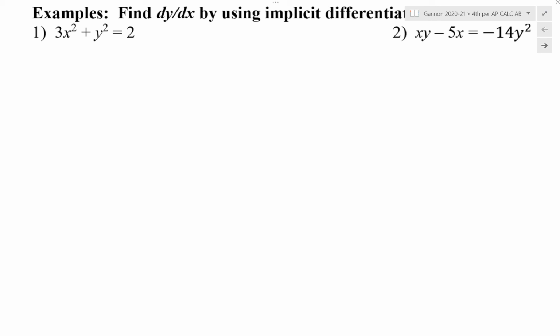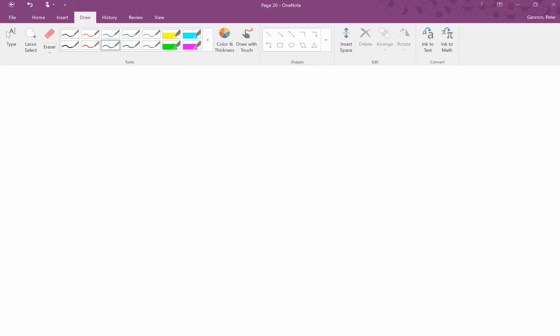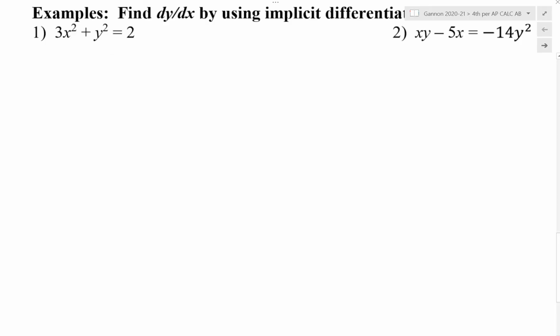So what we want to do is start taking the derivative just like we would in any other problem. When we have 3x squared and we want to take the derivative, we can apply the power rule. We multiply by 2, 2 times 3 is 6, x, and then the 2 becomes 1. When the variable is x, you don't do anything different. Where it's going to be different is when we take the derivative of y squared.